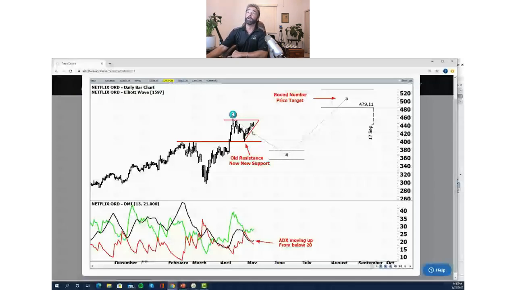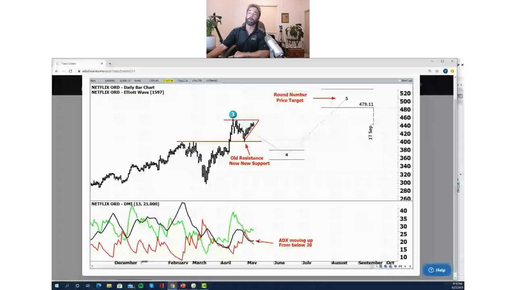We had Netflix moving to the upside. We had an ascending triangle pattern sitting right on top of this area of support. And we know it's been one of the COVID stocks because people have been sitting at home. And it looked like, based on this DMI, now I'll take a little hit here, because if you look at the ADX, I'm usually strict about the rules. The ADX was curling to the upside.